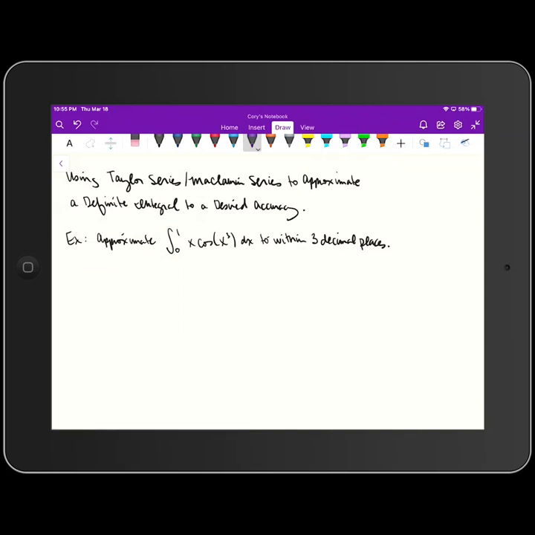Okay, so with this example here, we're going to be using Taylor series and Maclaurin series to approximate a definite integral to a desired accuracy.